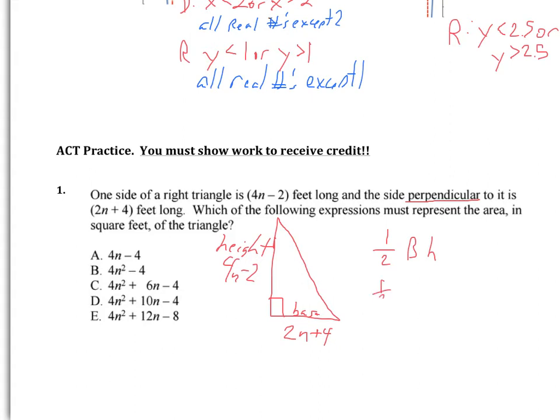So 1/2 times the base and times the height. Now, a little bit weird with what to do with this 1/2 out in front. It turns out you can distribute that 1/2 into just one of the sets of parentheses, but not both. Just one of them.